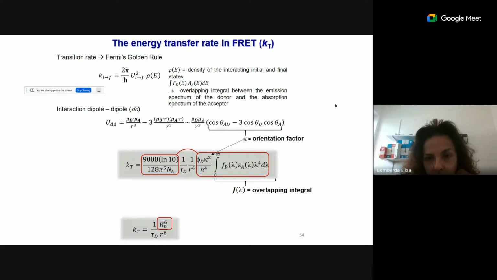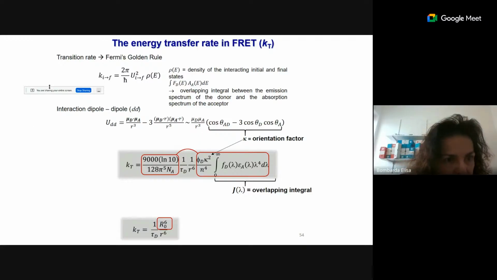The orientation factor, which is indicated here, also comes from the dipole-dipole interaction potential. If you solve this scalar product, all these cosines appear, and that is the expression of the orientation factor, which is related to the orientation between the dipoles, and we will see it.